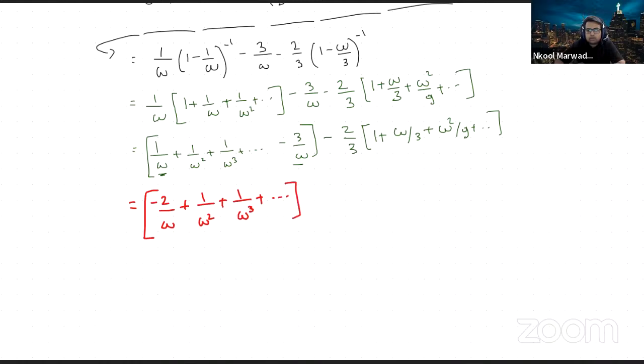Minus 2 by 3, 1 plus omega by 3 plus omega square by 9 plus dot dot.